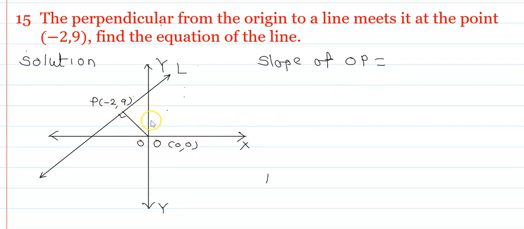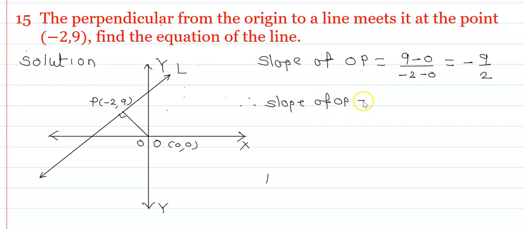Difference of the y coordinates upon difference of the x coordinates, that is 9 minus 0 upon minus 2 minus 0. That's equal to minus 9 by 2. Therefore, the slope of OP is equal to minus 9 by 2.